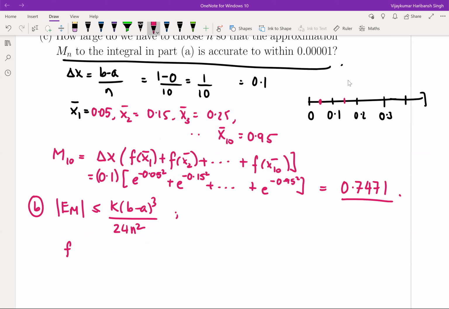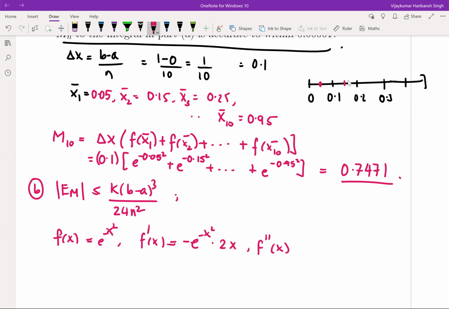So take f prime of x. Your f of x is e to the power minus x squared. f prime of x is the derivative of this, using the chain rule: e to the power minus x squared times minus 2x. And for f double prime of x, here we have to use the product rule.